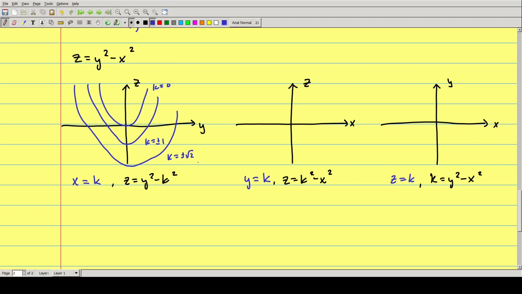All right. Now, having done one of these, looking at this equation, we see that it's the same thing except it opens down, right?